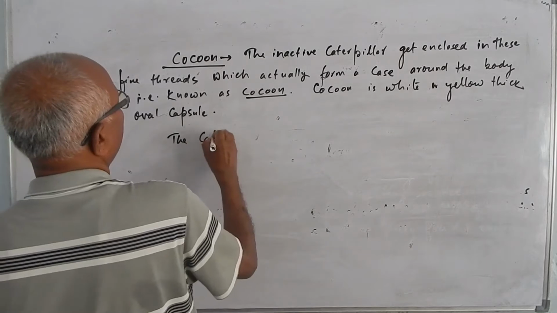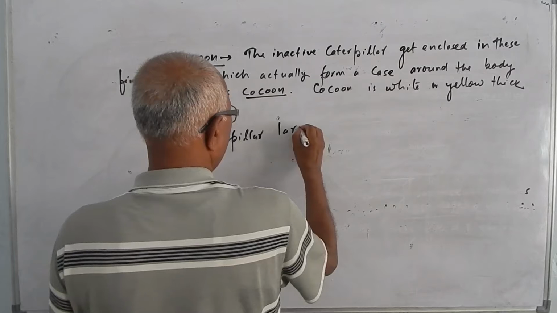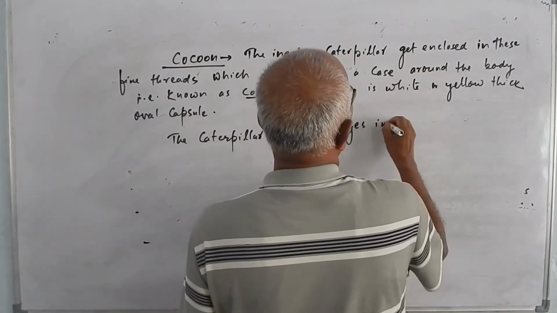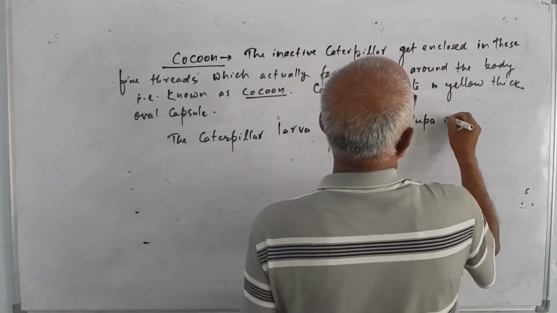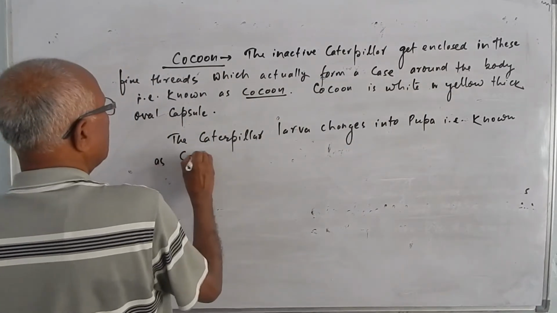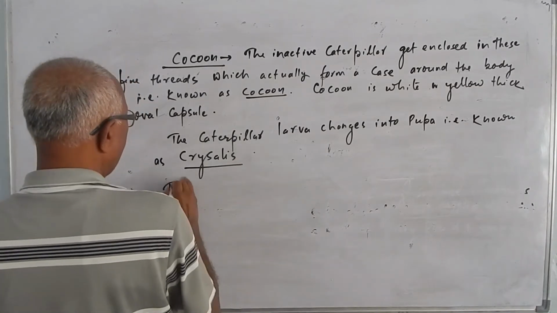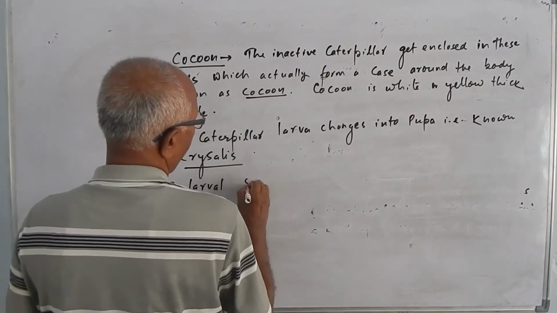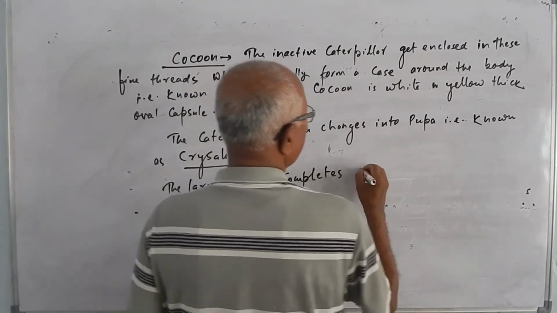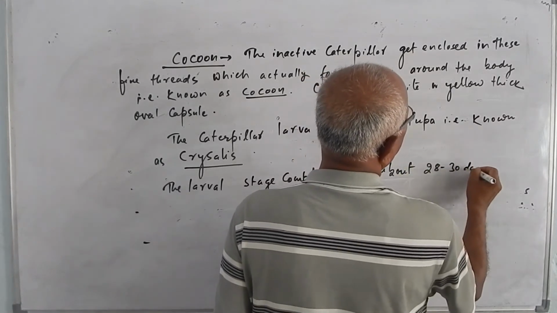The caterpillar larva changes into a pupa that is known as the chrysalis. The larval stage completes in about 28 to 30 days.